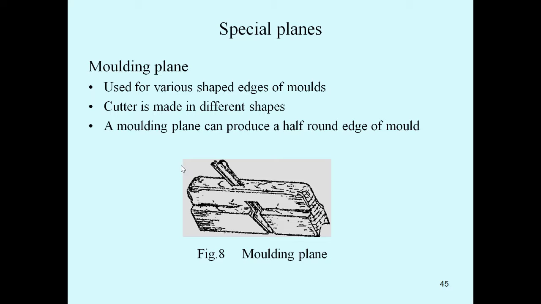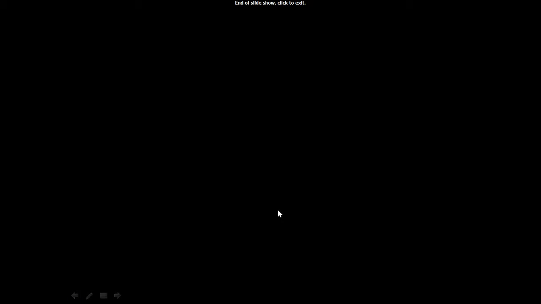A molding plane can produce a half round edge of a mold. So with the help of this molding plane, we can produce a half round edge of a mold.